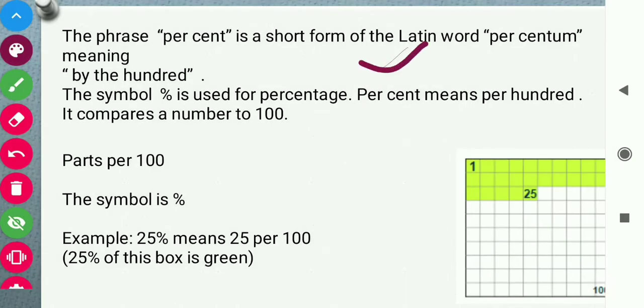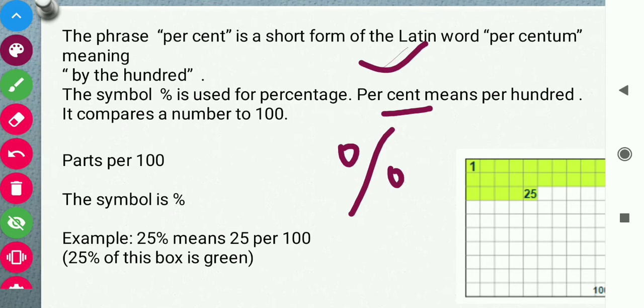And we have the symbol %. This symbol is used to denote the percentage, and here per cent is basically used for 100. So per cent means for every 100, or per 100, which means that it compares a given number to 100.